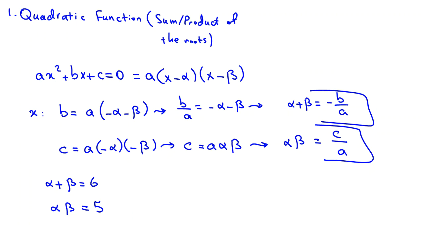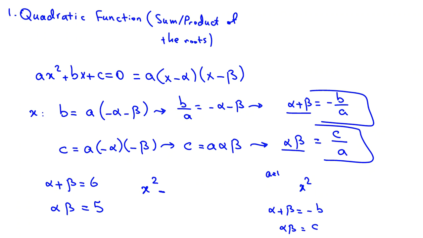You say, I know the sum of the roots is negative b over a. So if you consider x squared, and a is 1 in this case, alpha plus beta will be negative b, and the product of roots alpha beta, because a is 1, will be c. So x squared, sum of the roots, negative b.